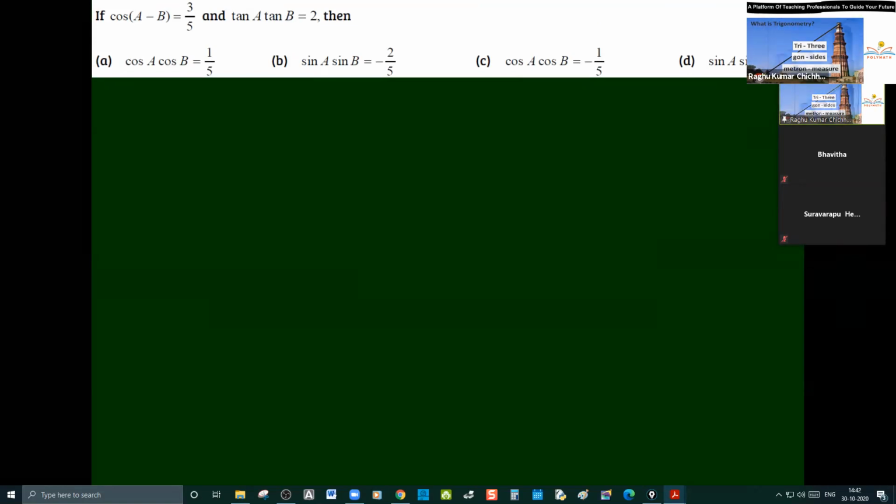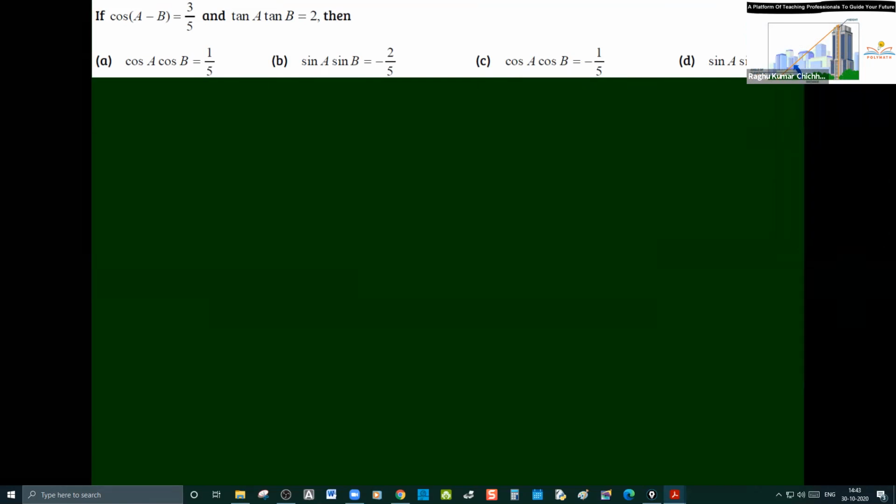Now let us see this one. Here, if you see, cos of A minus B is 3 by 5, and tan A tan B is equal to 2.